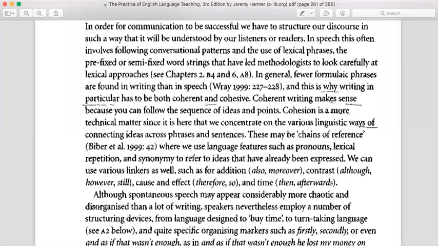In cohesion, what your students need to know are the anaphoric and cataphoric references. Do you know about cataphoric and anaphoric references? References through the pronouns. These are some of the elements of cohesion, and these are also called cohesive devices.